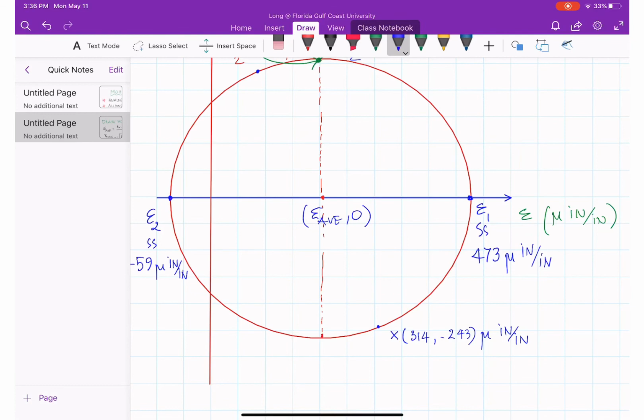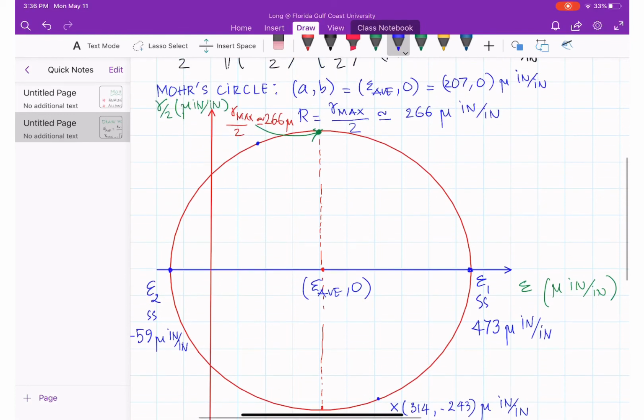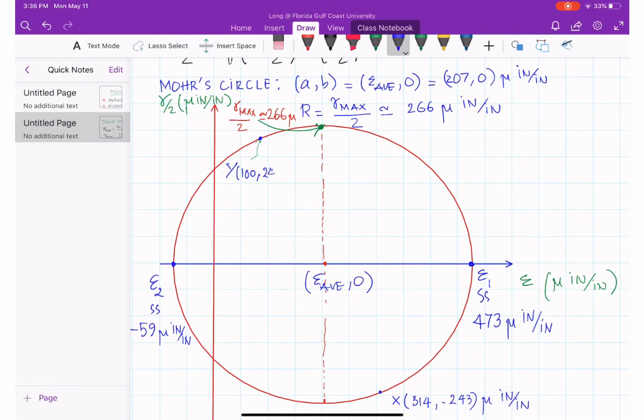And of course the opposite will be y, this point here. That is the y plane, which is 100, and then 243 micro for gamma over 2.